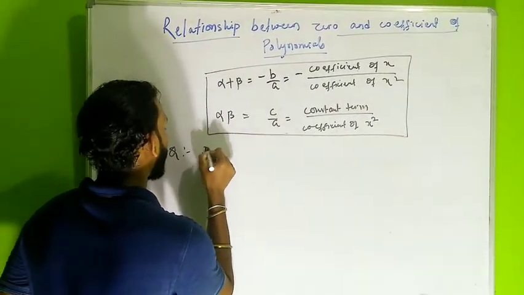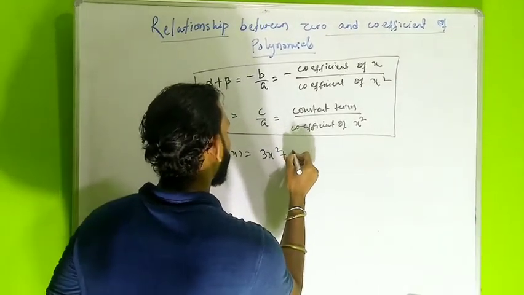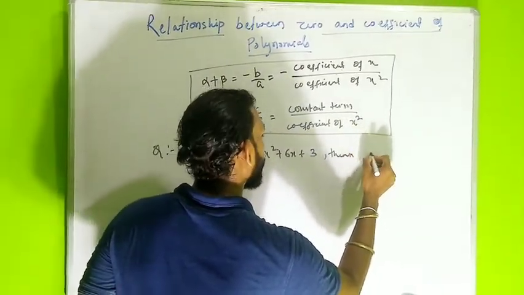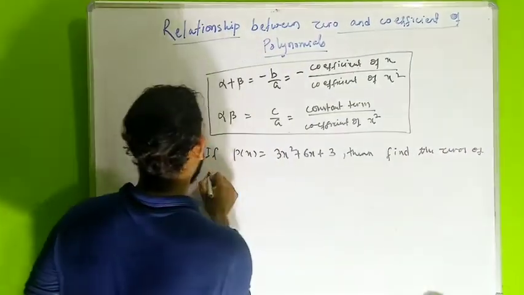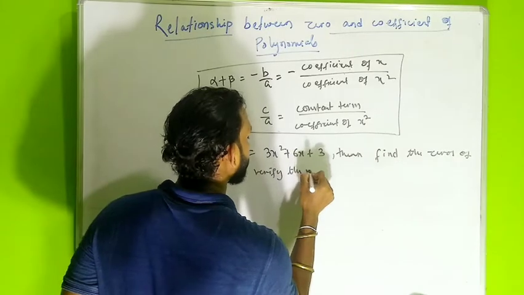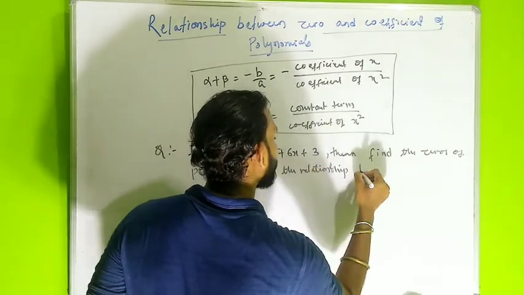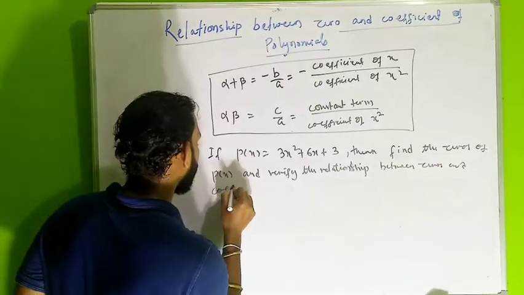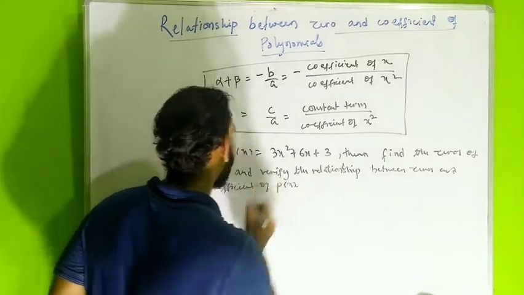So the question is, if p of x is equals to 3x square plus 6x plus 3, then find the zeros of p of x and verify the relationship between zeros and coefficient of p of x. Okay, so it is very simple.